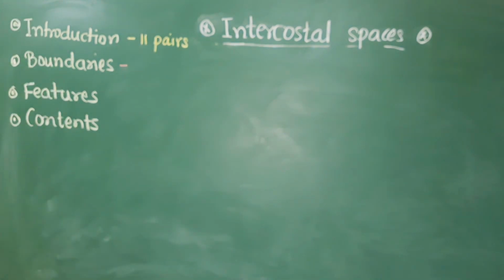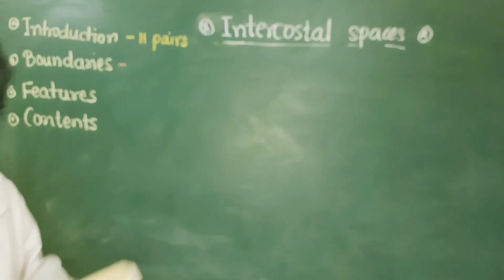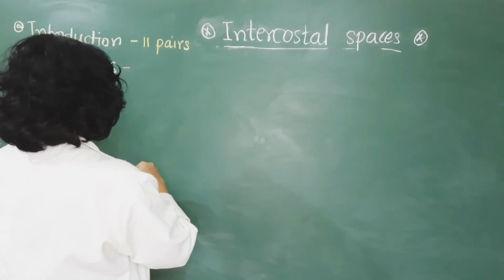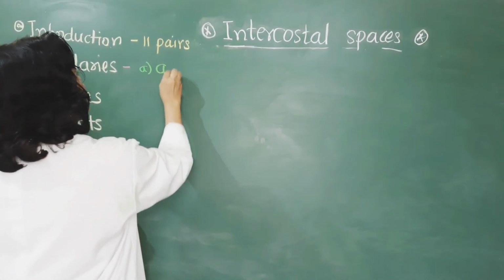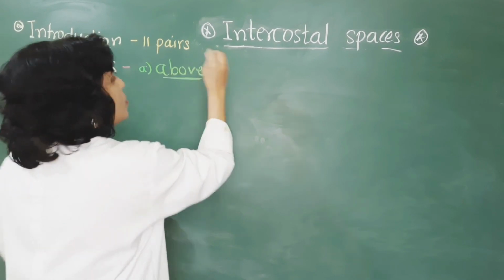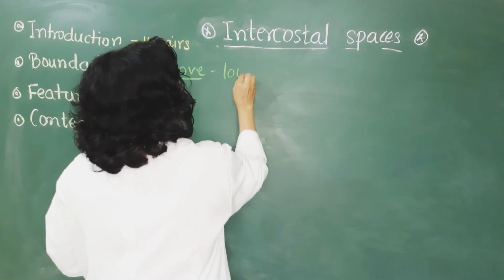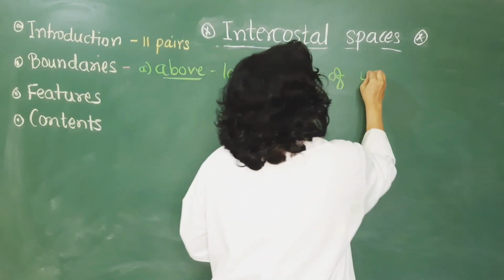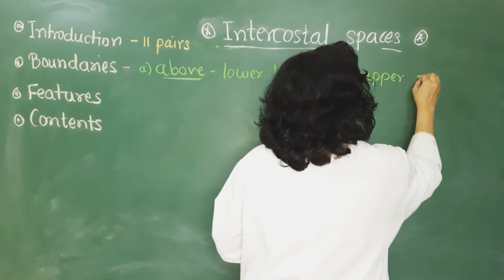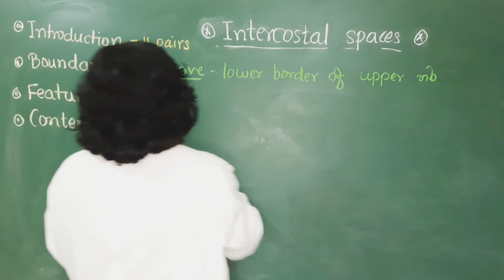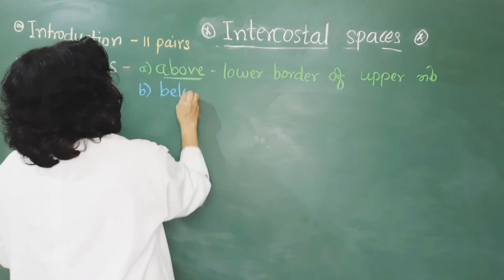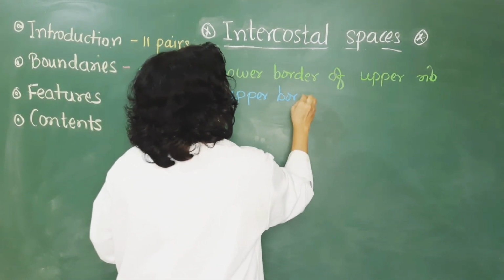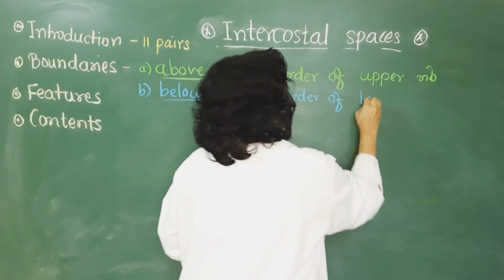When you are writing about the intercostal space, you'll write the boundaries. Above it is bounded by the lower border of the upper rib, and below it is bounded by the upper border of the lower rib.